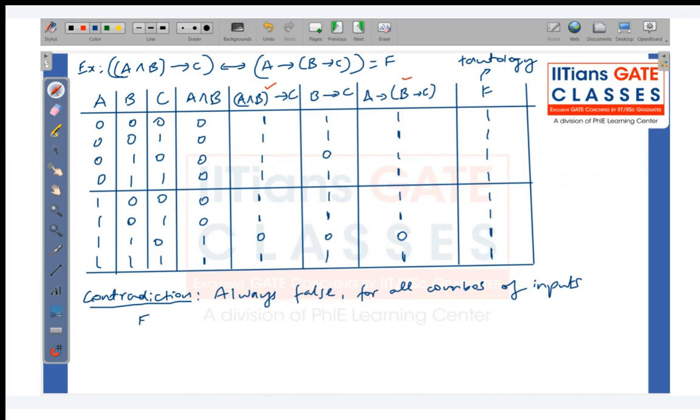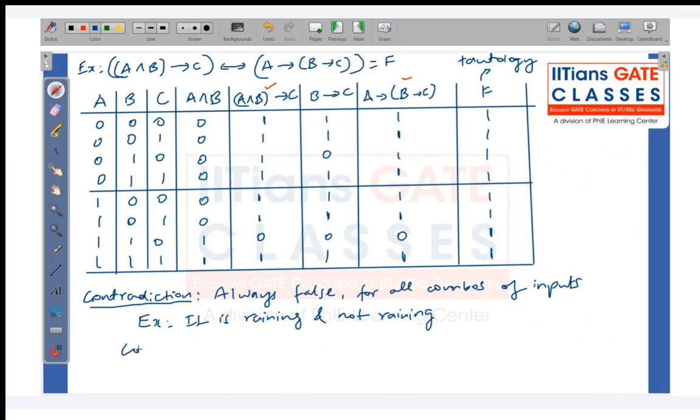For example, it is raining and not raining. Both of them cannot happen at the same time. So it's a contradiction.